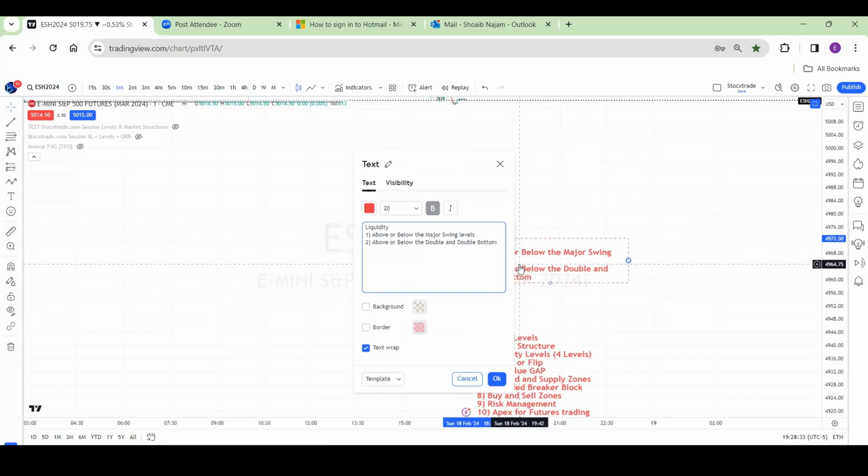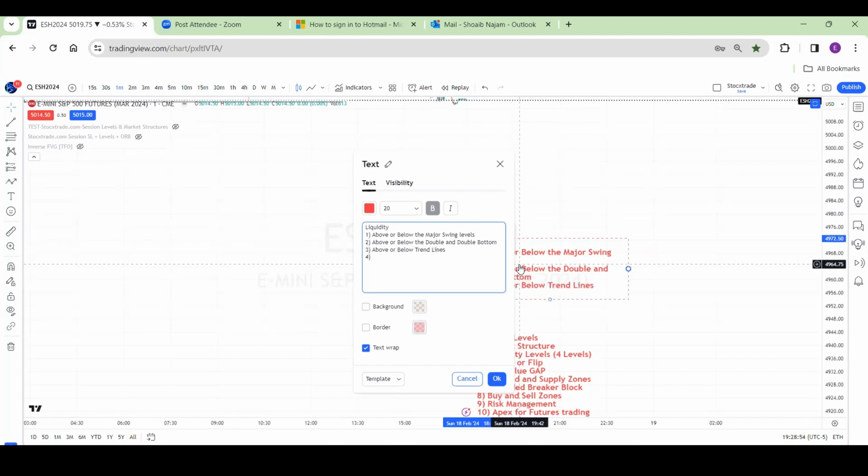It might feel really difficult to understand everything, but once we go into the chart, it will be really easy. The third place is above or below trend lines.